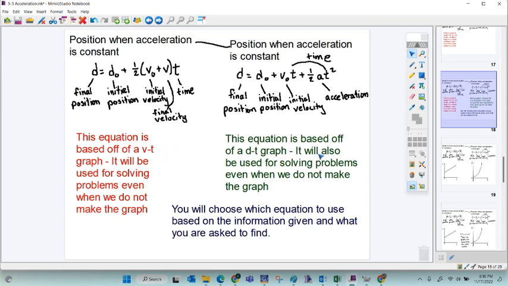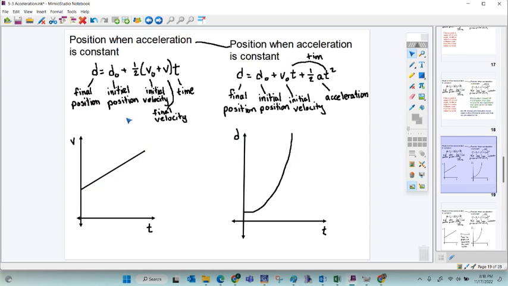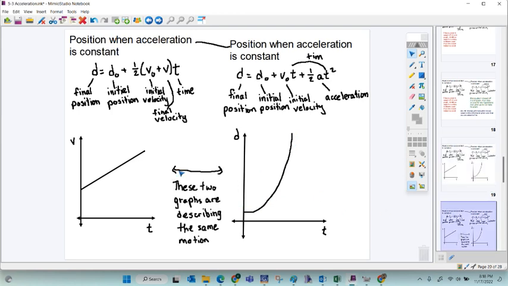So what these look like in their graph forms, okay, this equation came from this idea where you have constant acceleration on a VT graph. A parabola on a DT graph also indicates constant acceleration. Okay, these two mean the same thing is happening.